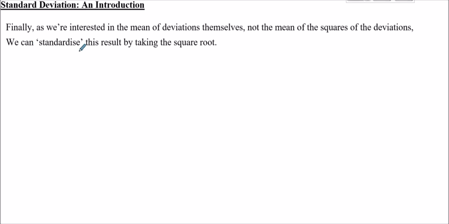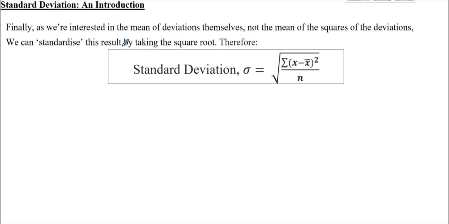And this is called standardizing. These are the standardized deviations. This is, in essence, what the standard deviation is. So therefore, the standard deviation is we sum together the squares of the deviations, we divide by n to get the mean of the squared deviation, and then we square root that to get the standard deviation instead of the squared deviation.